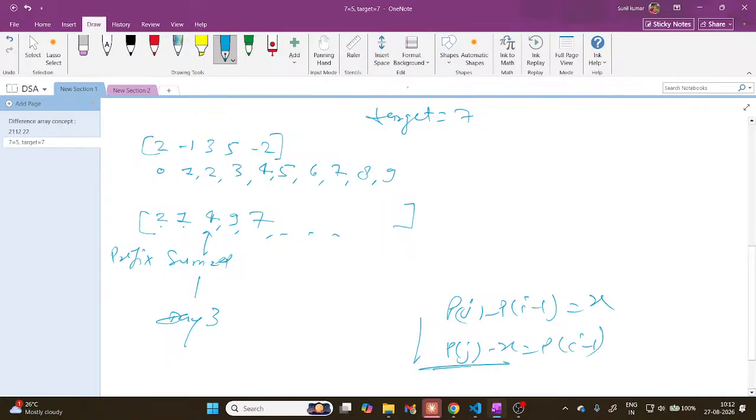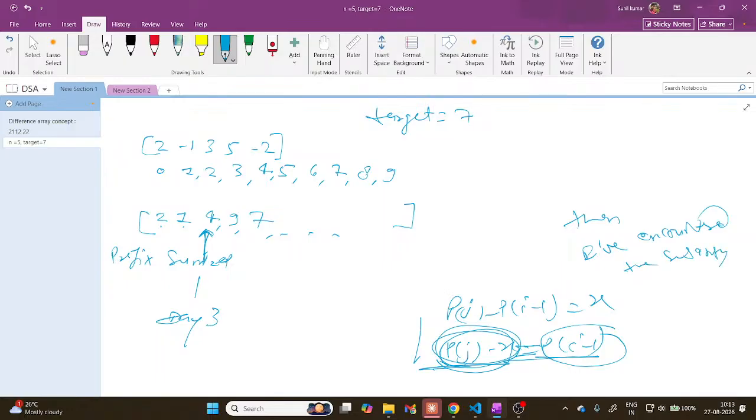That means if I take my prefix sum Pj and subtract X from it, and this value is equal to the prefix sum of I minus 1, then I have encountered the sub-array with the target sum.